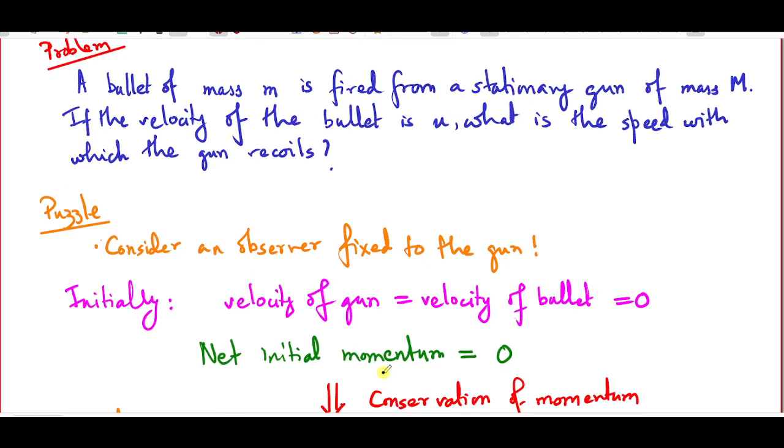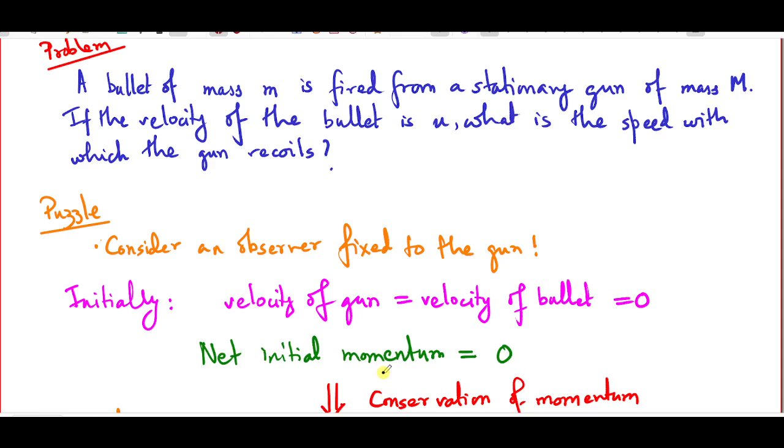Now, when the gun fires, there are of course internal forces produced by the blasting powder or whatever makes the bullet fire. But all of this is internal to the gun plus bullet system. There is no external force. Or you might argue that there are external forces like gravity at play here.